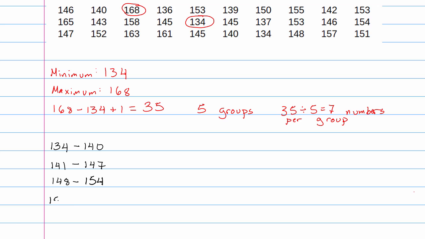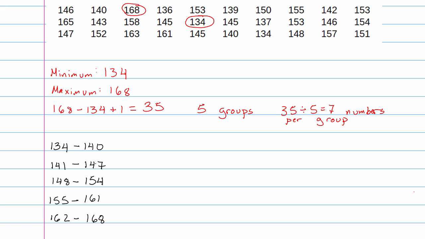And then 155, to add 6 is 161. 162, add 6, we get 168. All right, so those are those 35 numbers divided evenly.